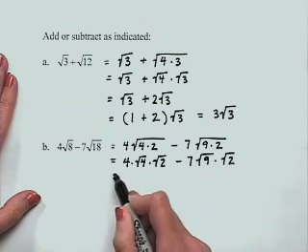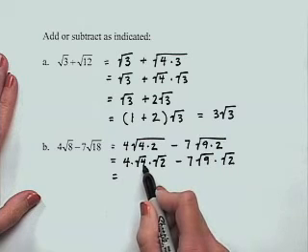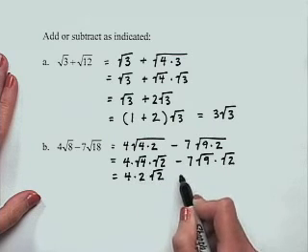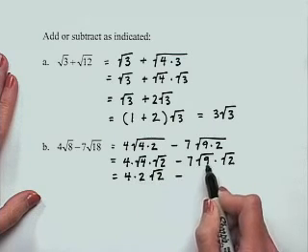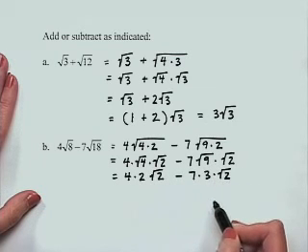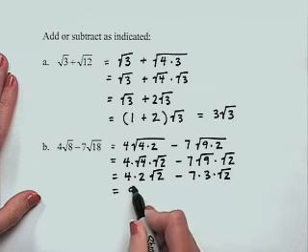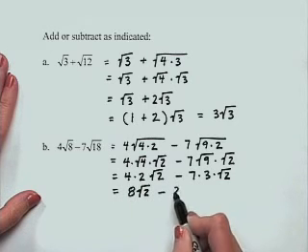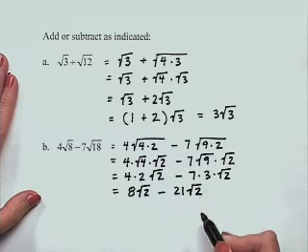And we can evaluate. The square root of 4 is 2, so we'll have 4 times 2 times the square root of 2. The square root of 9 is 3, so we'll have 7 times 3 times the square root of 2. And now we have 8 times the square root of 2 minus, here we're going to have 21 times the square root of 2.